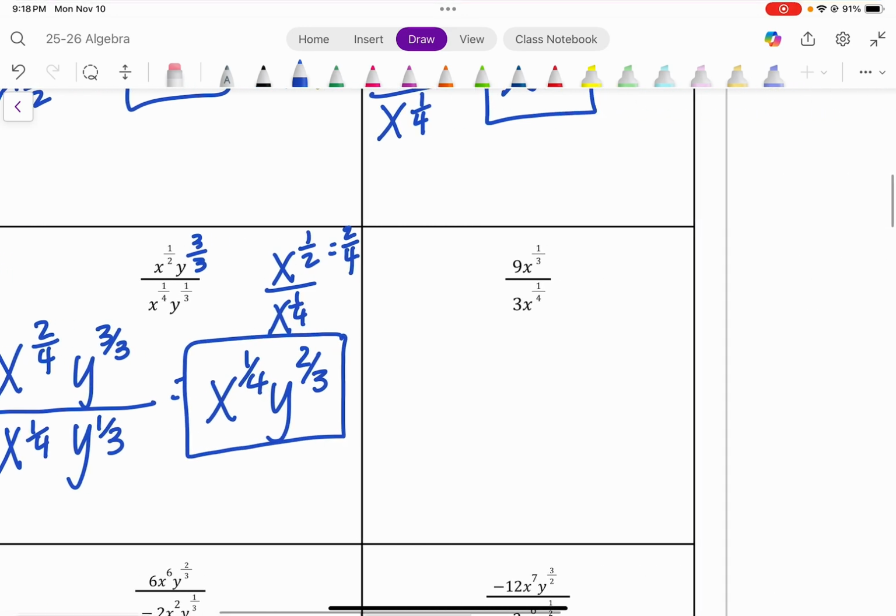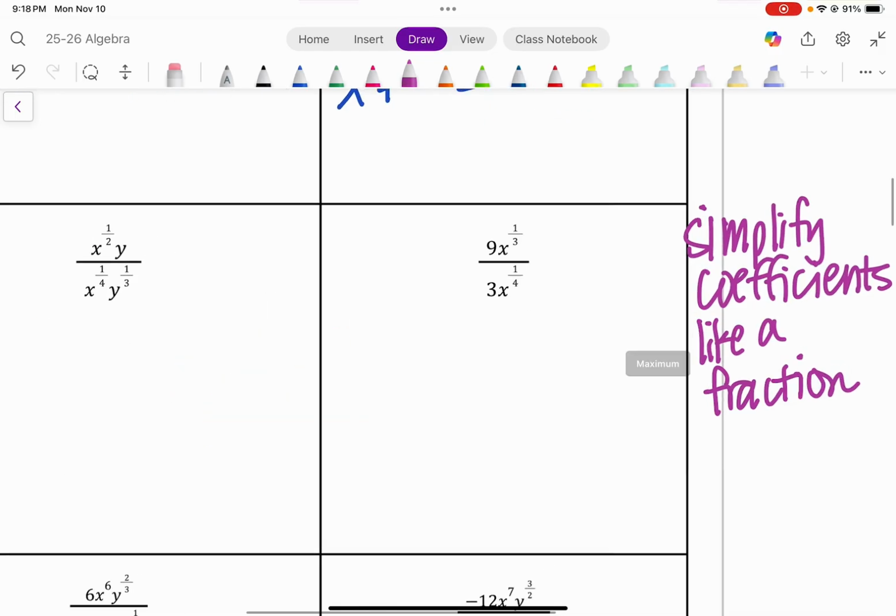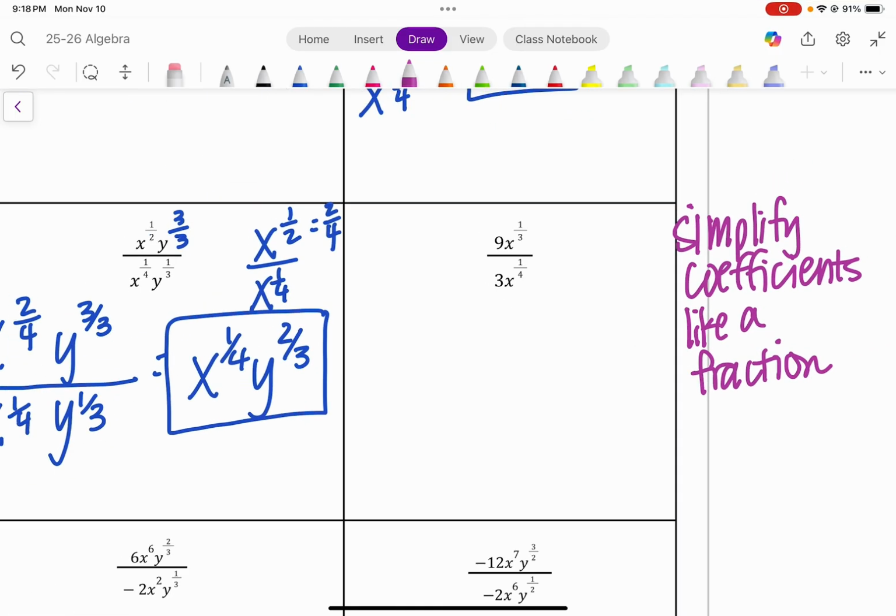Now when you have coefficients, you're going to simplify coefficients like a fraction. 9 over 3 would simplify to 3 over 1. And x to the 1/3, I'm going to turn into 12ths.